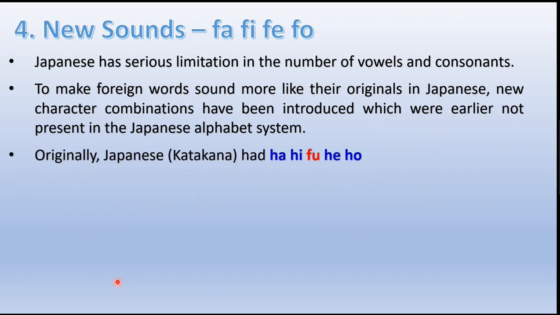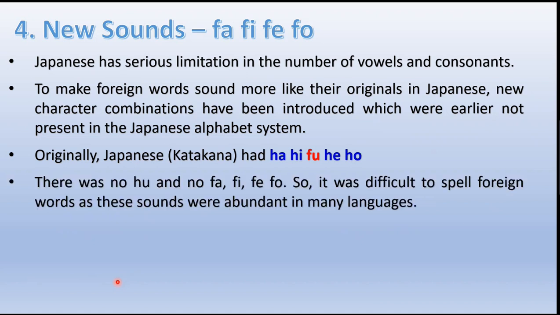For example, the Japanese katakana had this single line ha, hi, fu, he, ho. This means there was not a separate line for ha and a separate line for fa sounds, but both were combined into a single line ha hi fu he ho.